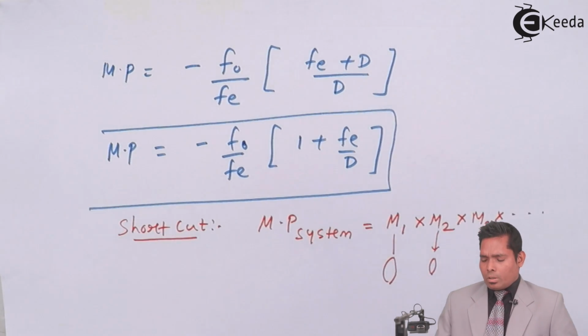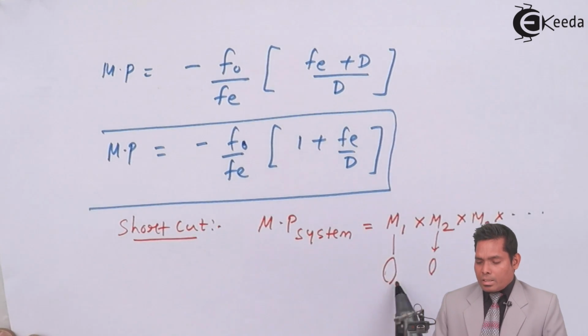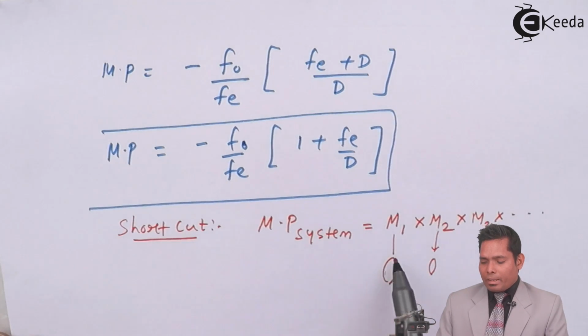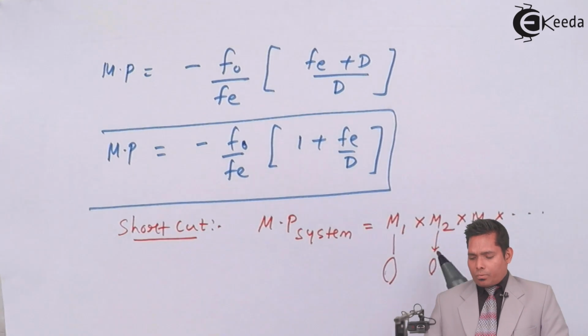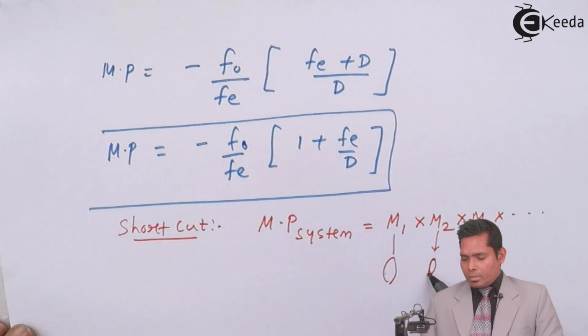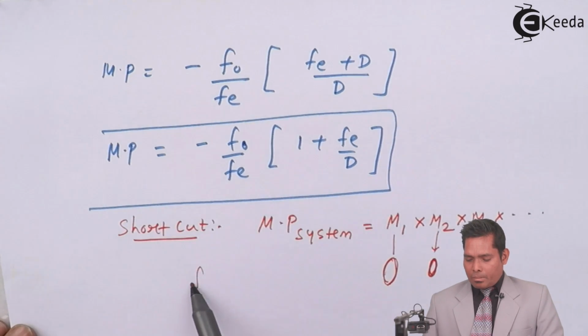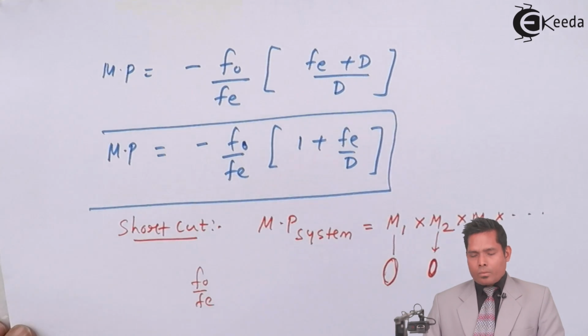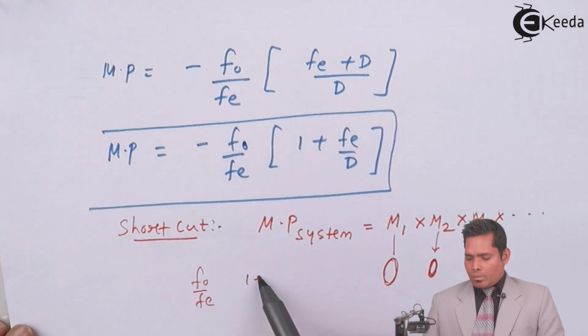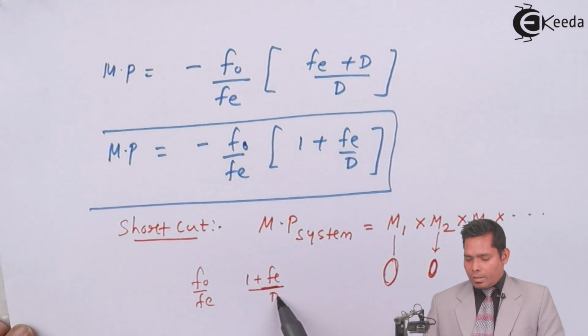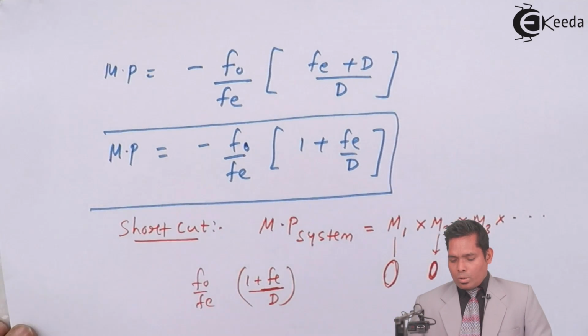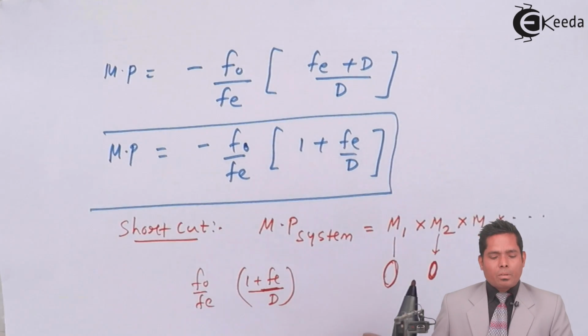That will also give you the result. In this case, the magnifications of these two lenses are respectively FO by FE, and the other one is 1 plus FE by D. So we will multiply those two and we will get the magnifying power of the system.